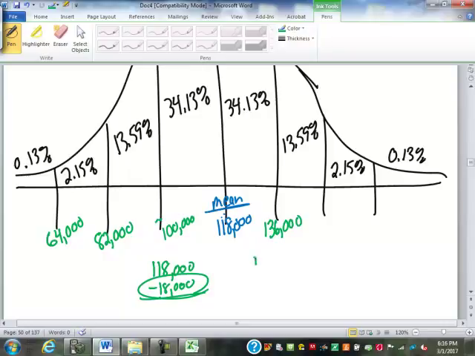There I'm taking my mean of 118,000 and I'm adding the standard deviation of 18,000. What's going to go here? 154,000. I'm adding another standard deviation, another 18,000. And then finally here, 172,000.